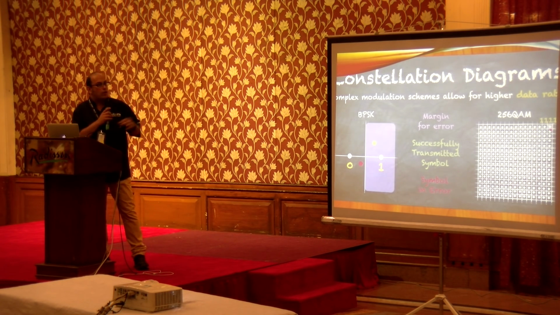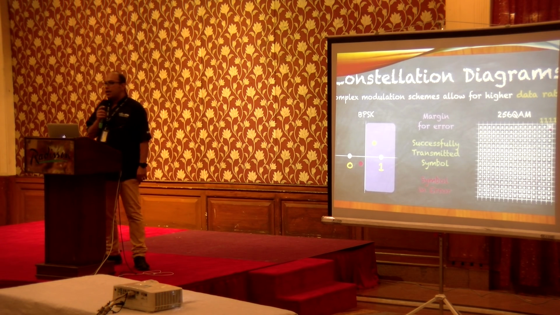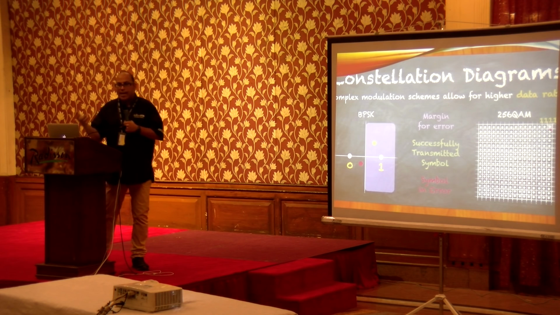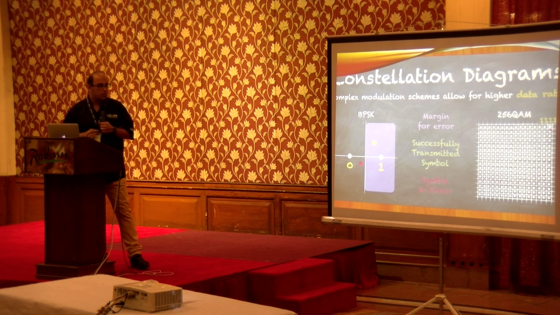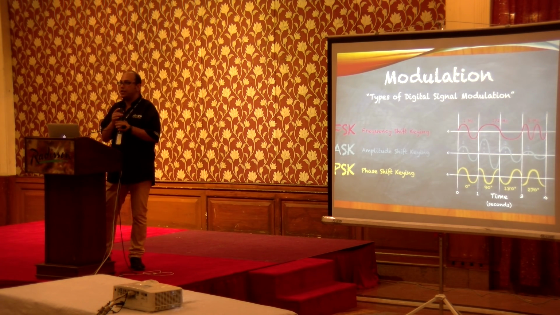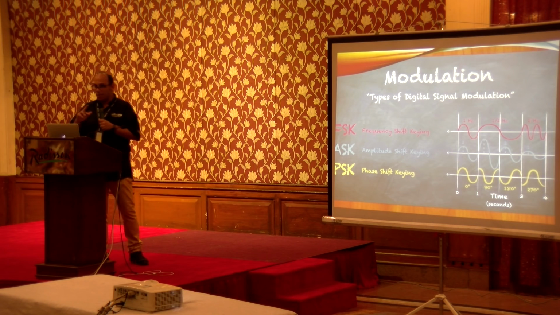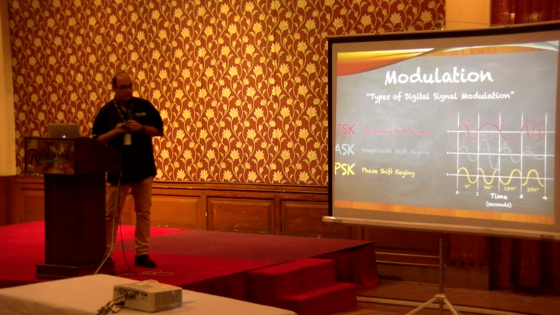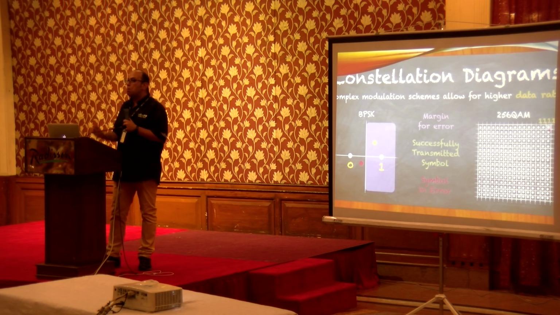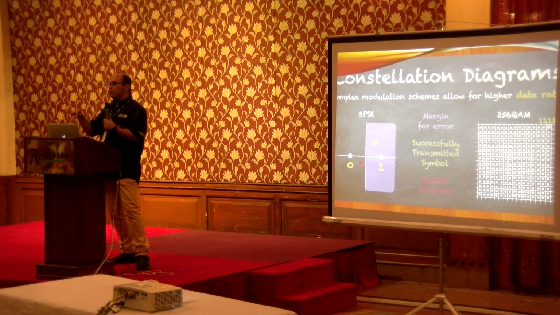This is something we call the constellation diagram. A constellation diagram helps to understand this type of transmission. For example, in BPSK, PSK, if you can remember, is phase shifting key. So it's a type of modulation where you need to change the phase of the signal. BPSK means binary phase shifting key.